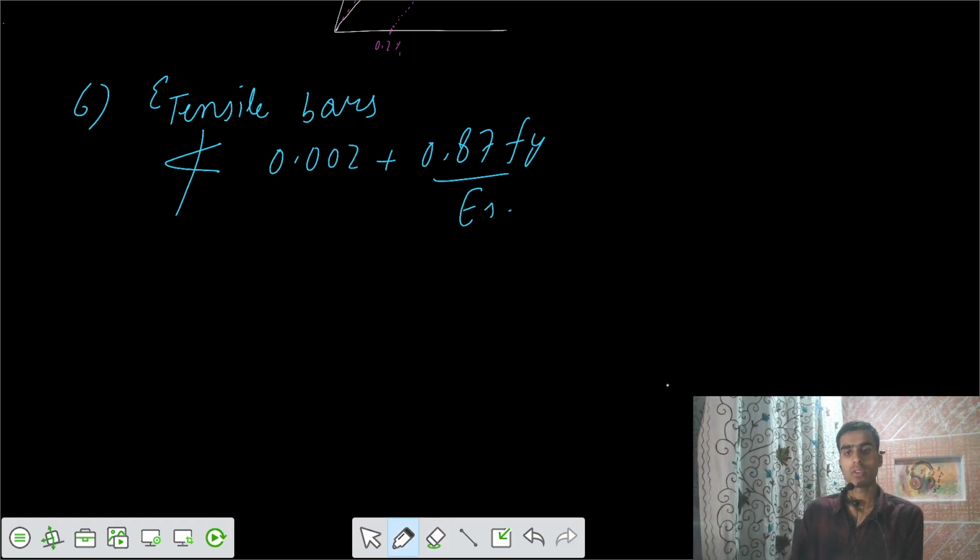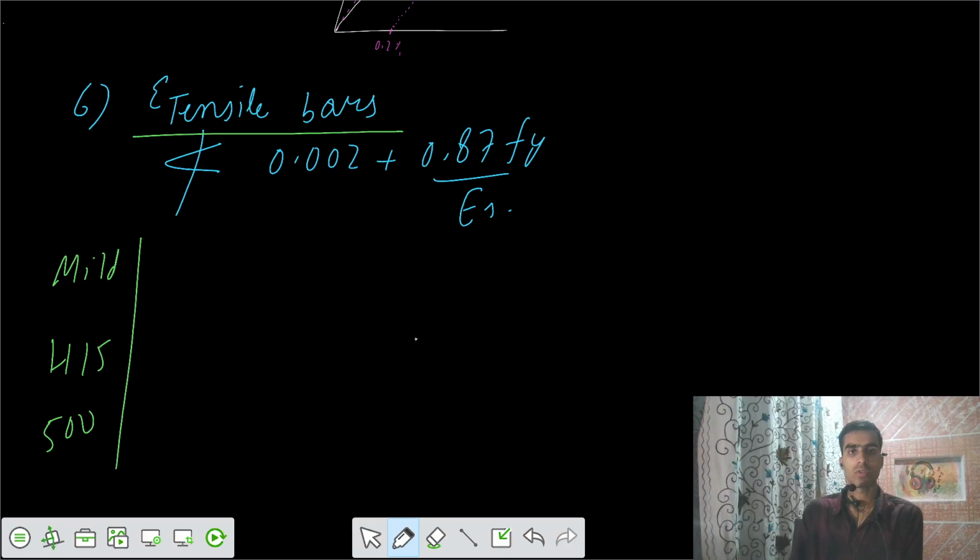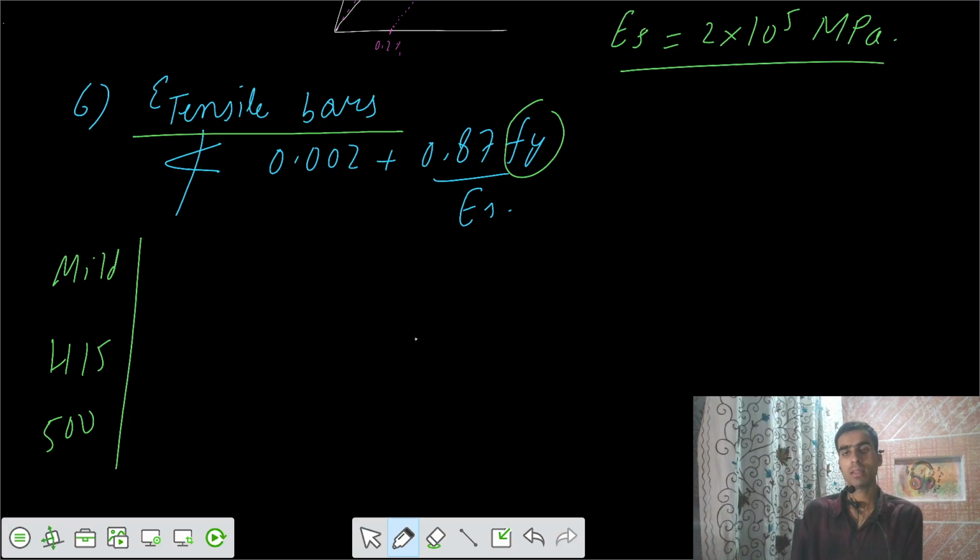If you substitute the values of Fy for mild steel, FE415 and FE500, and we know that for all grades of steel the modulus of elasticity is assumed to be 2 times 10 to the power 5 megapascals, with Fy as 250, 415 and 500 for the three cases, you would get a value of strain.